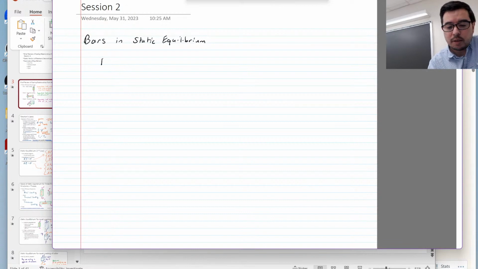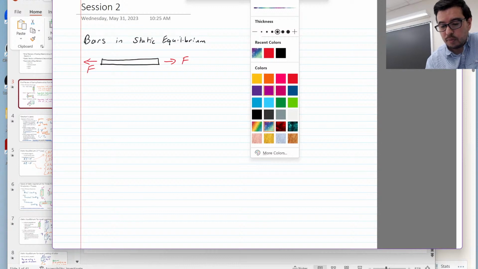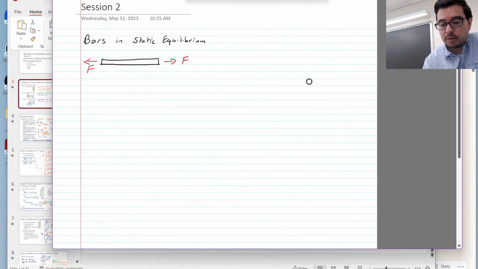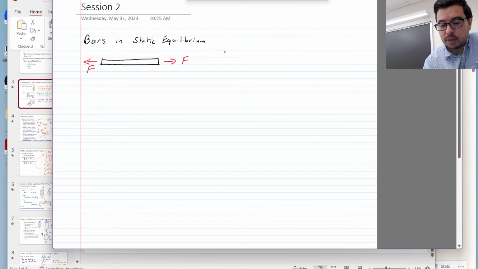What you might see is a bar, and maybe we have some external force here and some external force here. And you're like, that's really simple. So if I do external equilibrium on this system, external equilibrium would be something that we look at first.